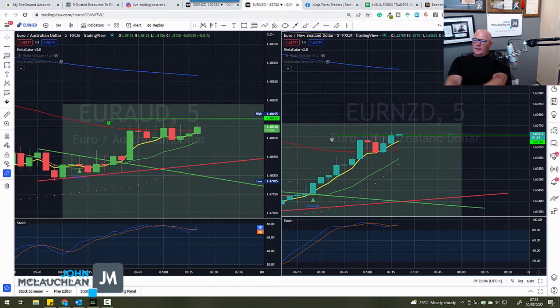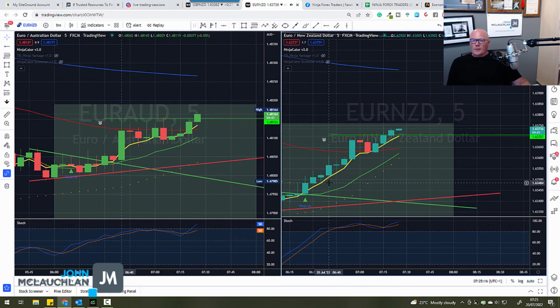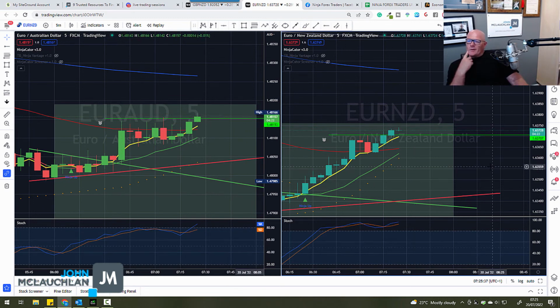So we've got 1 minute and 54 left, and its price wants to go. It wants to go. Alright, so that's the alert gone off on the Euro Australian. So even though we've got this clear air, we're just going to give it a bit longer to see what happens. It's always a good idea to wait a couple of minutes to see what's going to happen.